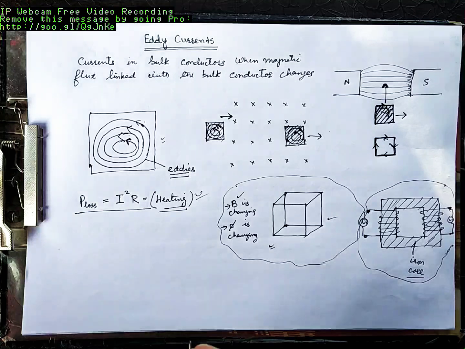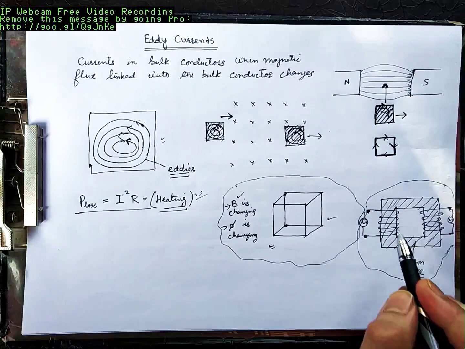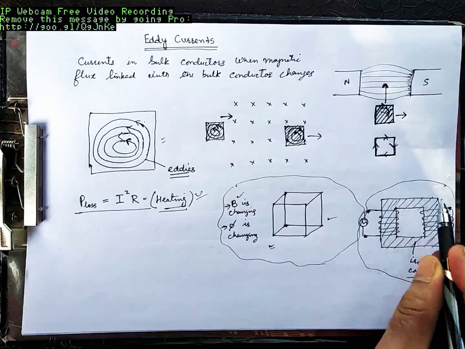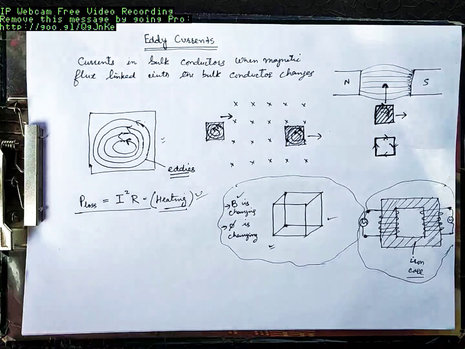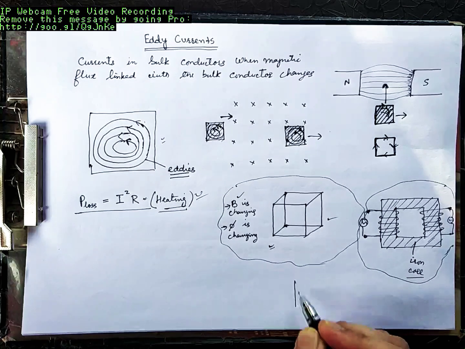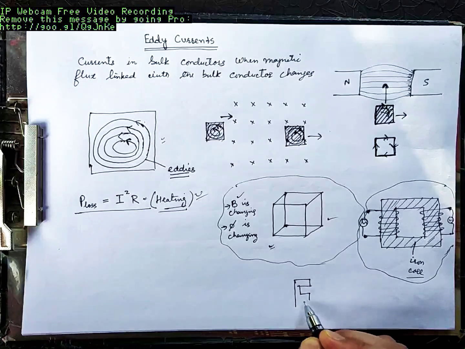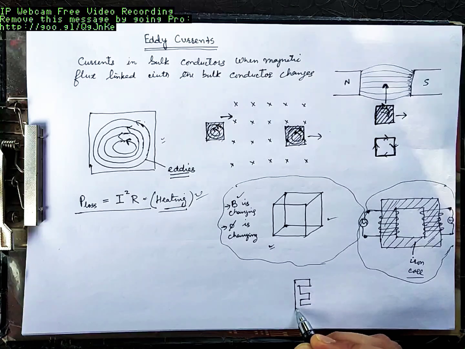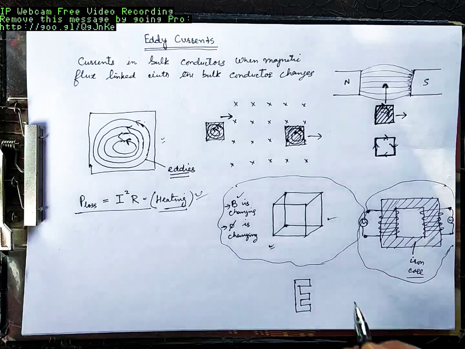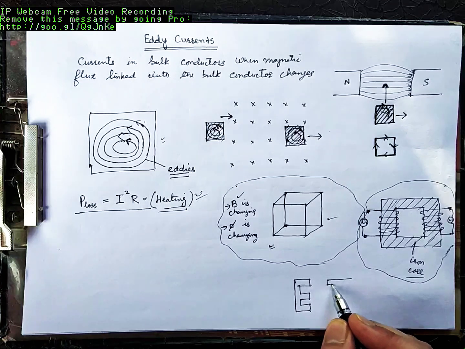Some of you might have observed that this transformer core, in practice, is not a solid material. It is made up of these E-shaped strips. I don't know if you have seen them or not, but these are made of E-shaped strips and T-shaped strips.